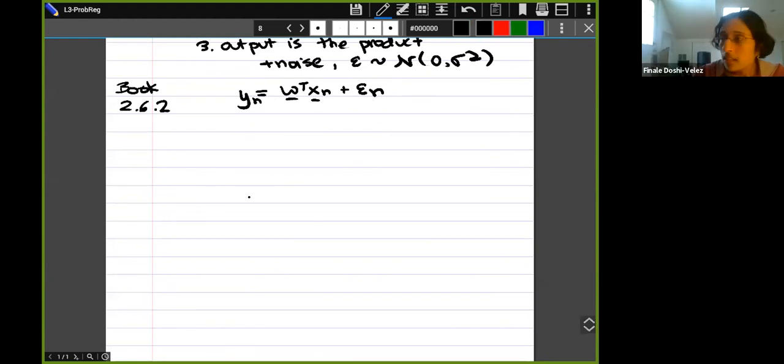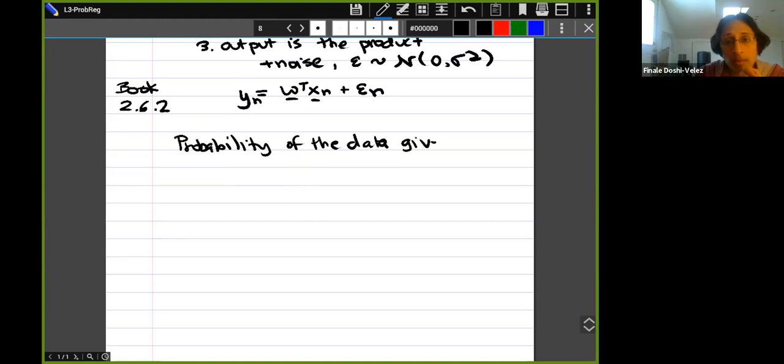Great. All right, so let us continue onward with this derivation. Now that we have the story, we can do something important here. We can write down the probability of the data given w and sigma squared.